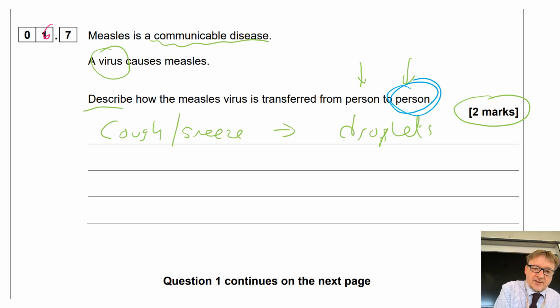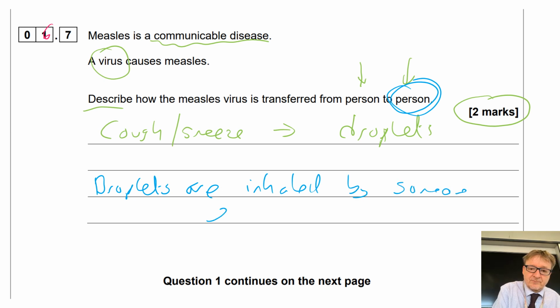Then the second one is the droplets are inhaled by someone else. So if you look at the question, how is it transferred from person to person? It's not how I give it out, it's how the other person gets it in, it's how it is actually transferred.